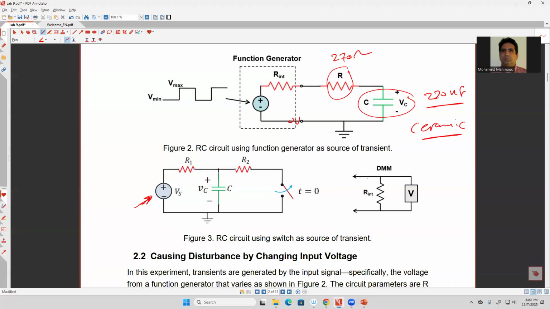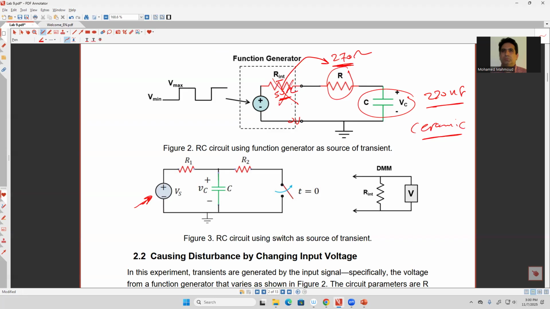One more important thing: when you connect the function generator, it has an internal resistance of 50 ohm. Because 50 ohm is somewhat close to 270, if you just ignore it, the results are not going to be accurate. That's what I told you before when you had a voltmeter. All these devices you are using have resistance.